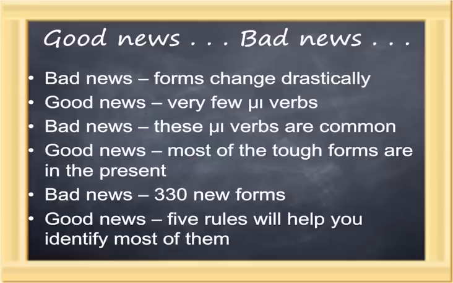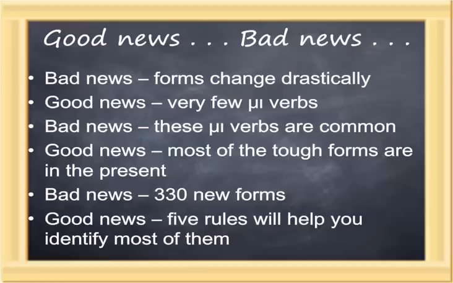But the bad news is these few mi verbs are pretty common in the New Testament. The good news is that most of the tough forms are in the present. The bad news is that when you put these verbs completely together, there are some 330 new forms. We could memorize those forms, but we wouldn't remember them very long.